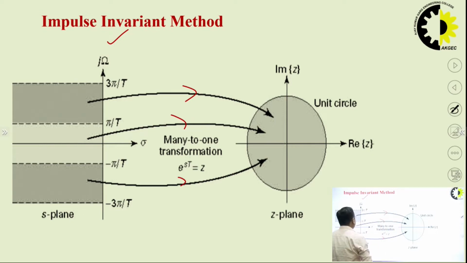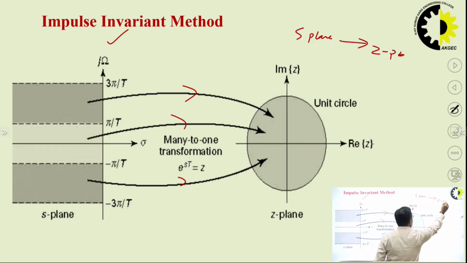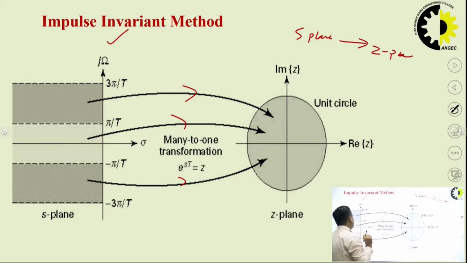It means at first you have to map your S plane quantity into the Z plane quantity, then map the stable H of S into the stable H of Z.